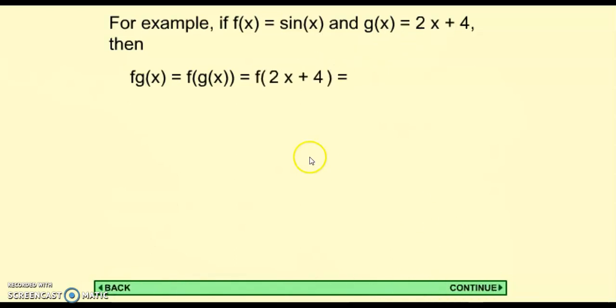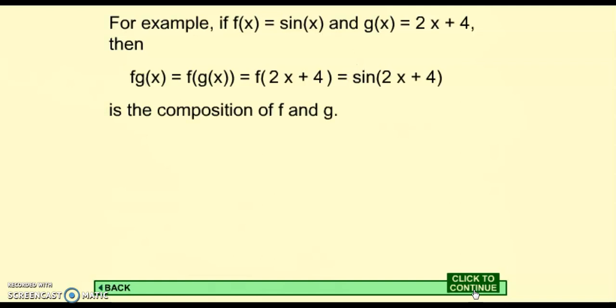in the next step, you have solved it for f function. That is, g of x was the input of this f function. The value for g of x was 2x plus 4. You just have inserted it as an input to this f function. That is f of 2x plus 4. Now in the next step, what was f of x function?